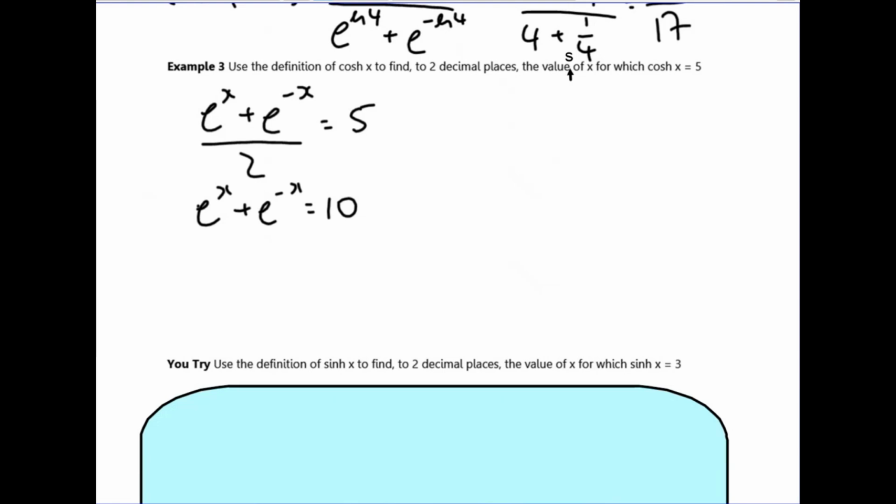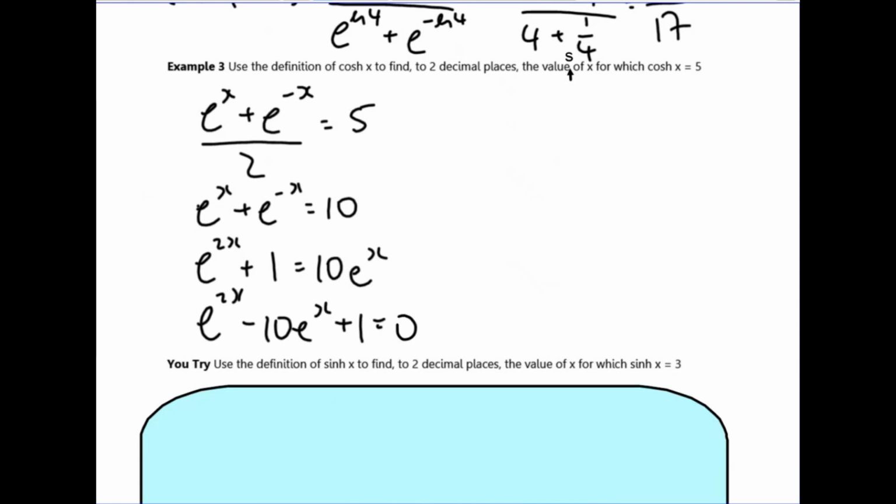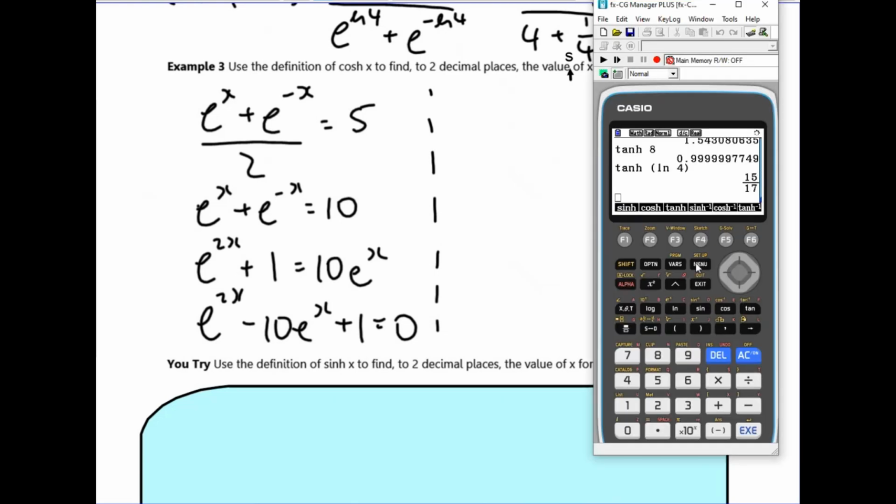Then what I recognize is this is going to be a disguised quadratic in e to the x. So if I times everything through by e to the x, e to the 2x, and e to the x times e to the minus x gives me 1, minus 10 e to the x. So this is a disguised quadratic in terms of e to the x. I'm going to solve this quadratic in my calculator. I've got e to the 2x minus 10 e to the x, and I've got 1 there.